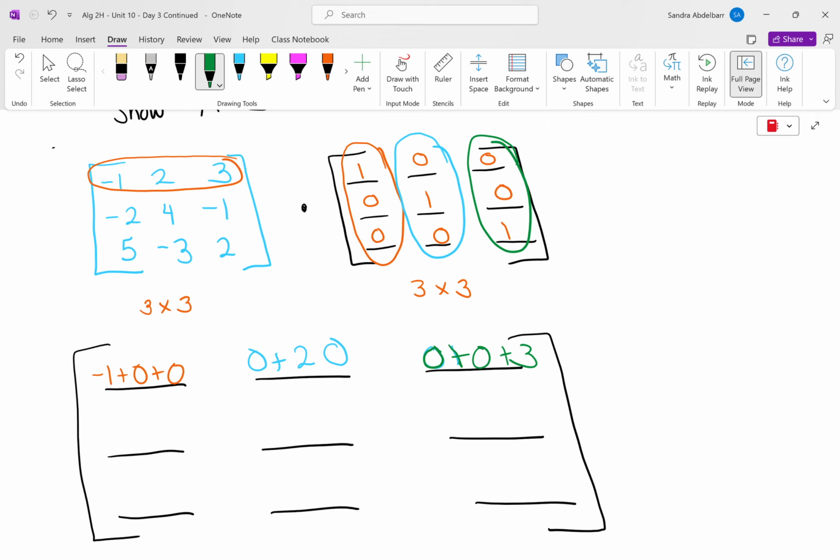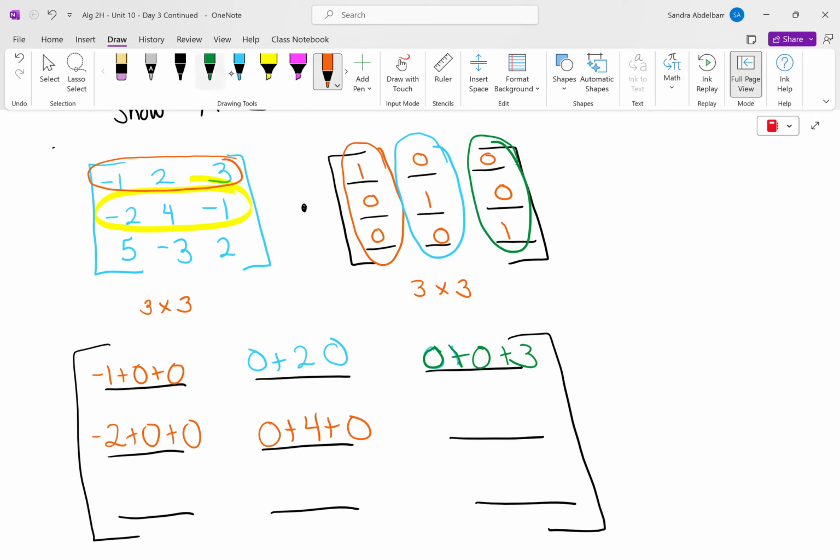Now we move on to our second row. And we're going to have -2 times 1 is -2. 4 times 0 is 0. -1 times 0 is 0. Second element in this row, -2 times 0 is 0. 4 times 1 is 4. -1 times 0 is 0.